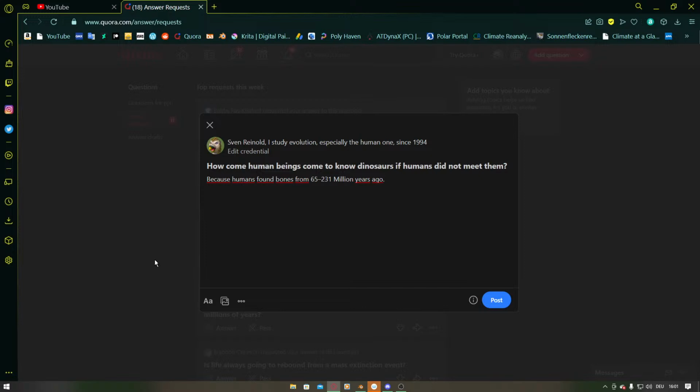Humans found bones. They put them together and found out that these had characteristics of reptiles, which led them to think that they were giant lizards.